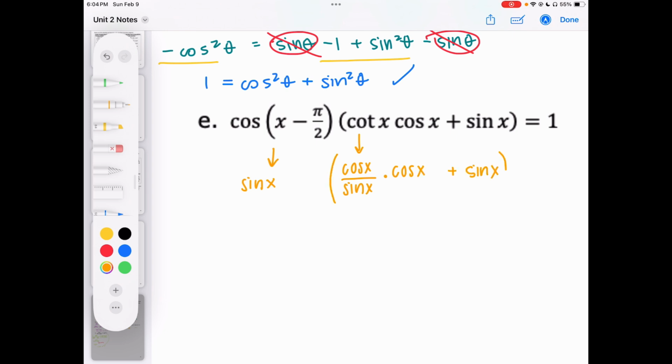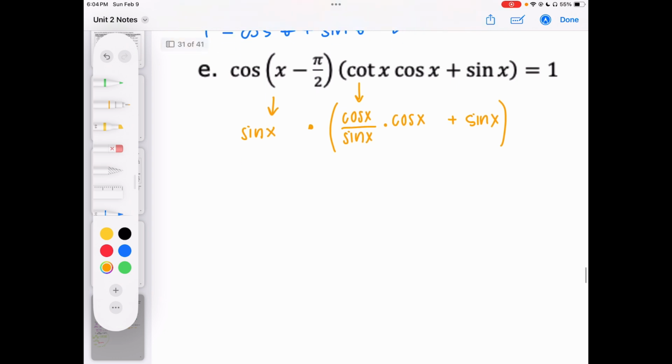Okay, so that's all going to multiply. Before we multiply, let's go ahead and rewrite this as cosine squared x over sine of x plus sine of x. If you're already feeling comfortable, you already know what's about to happen. If you're not, you're about to find out.